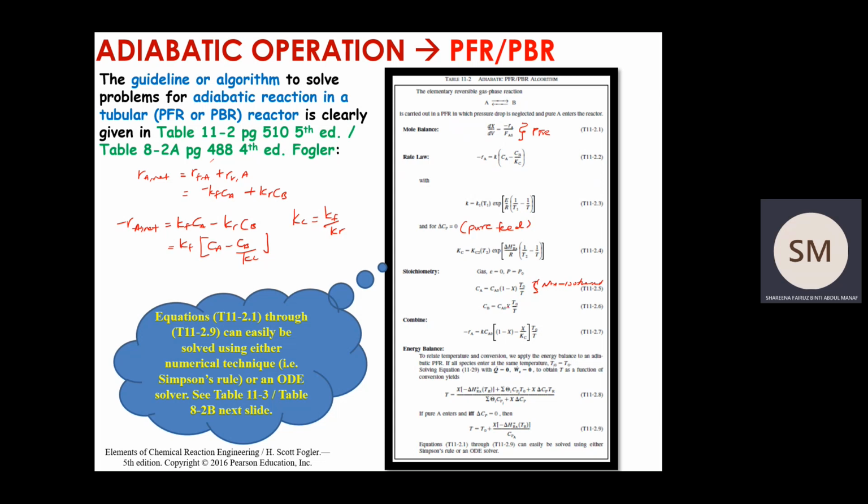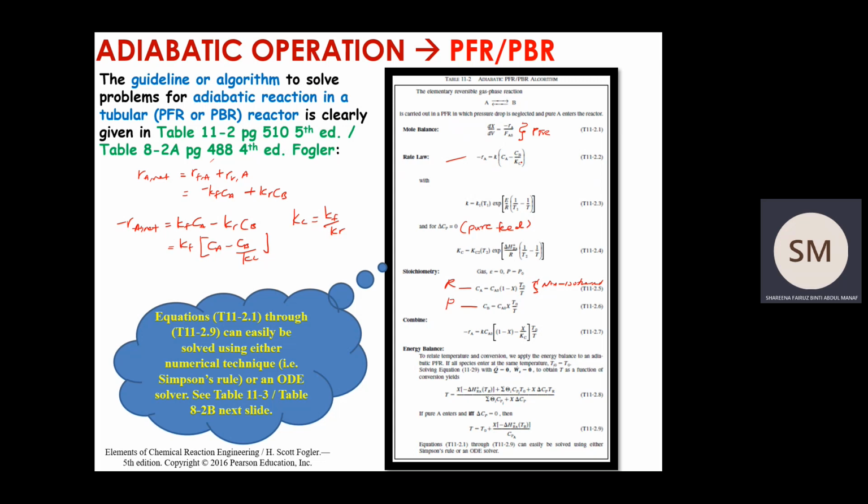Then CB, the product, is equal to CA0 X T0 over T. Combining the rate law and the rate constant, you will be able to get these equations: negative rA is equal to k CA0.